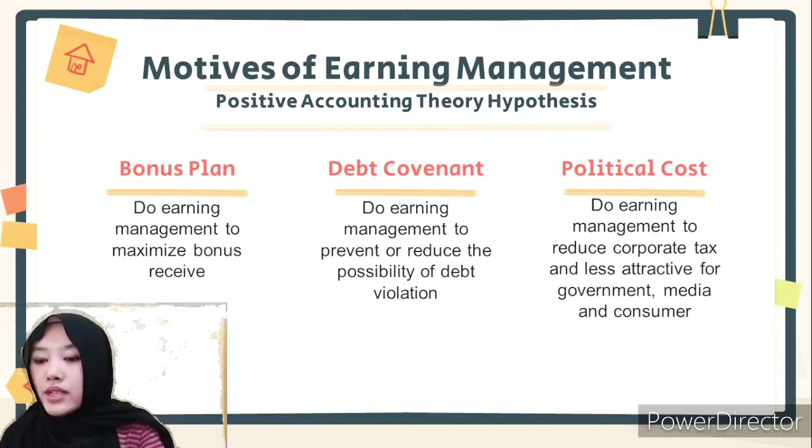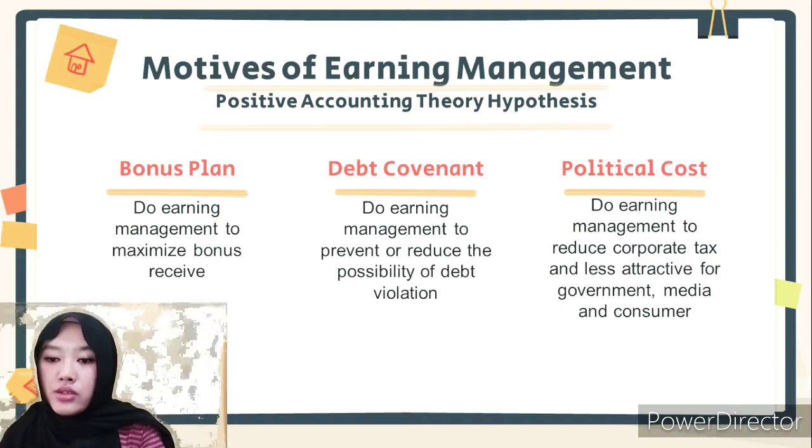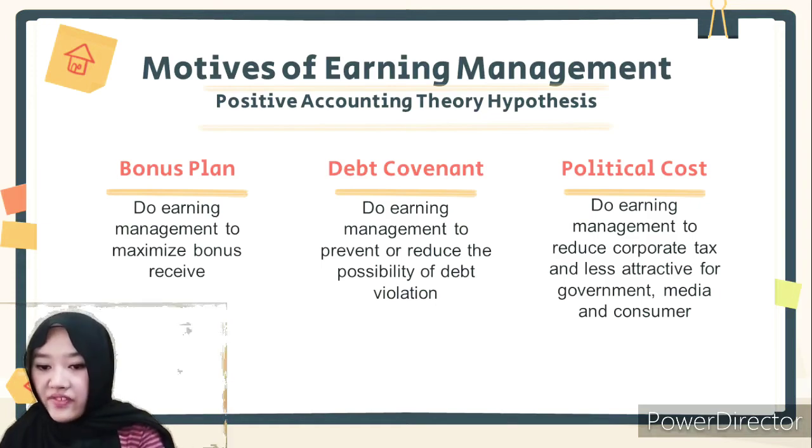And the second hypothesis is the debt covenant hypothesis. Earnings management is done to prevent or to reduce the possibility of debt violation. In the debt covenants, there are certain conditions that must be met by the company, such as pledging the assets or meeting certain financial ratios that indicate the company's financial health.